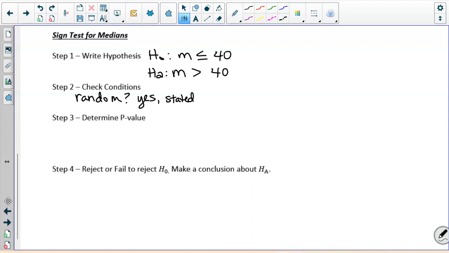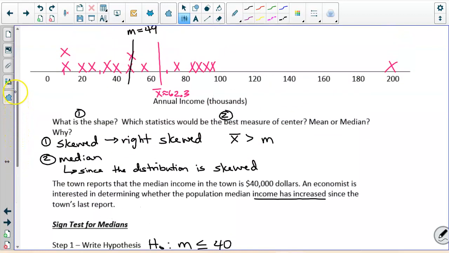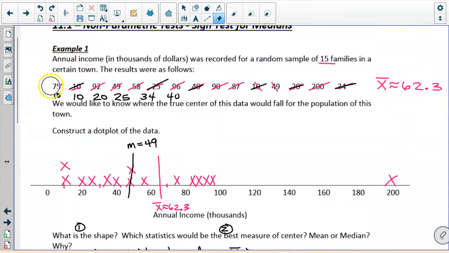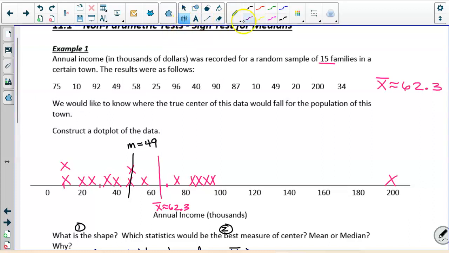So what you have to do is compare all of the data values to the claim, okay? If I look at these data values up here, the claim is that the median is 40. So what I did on my paper, let me erase these because that can be confusing, is compare every one of these numbers to the claim.